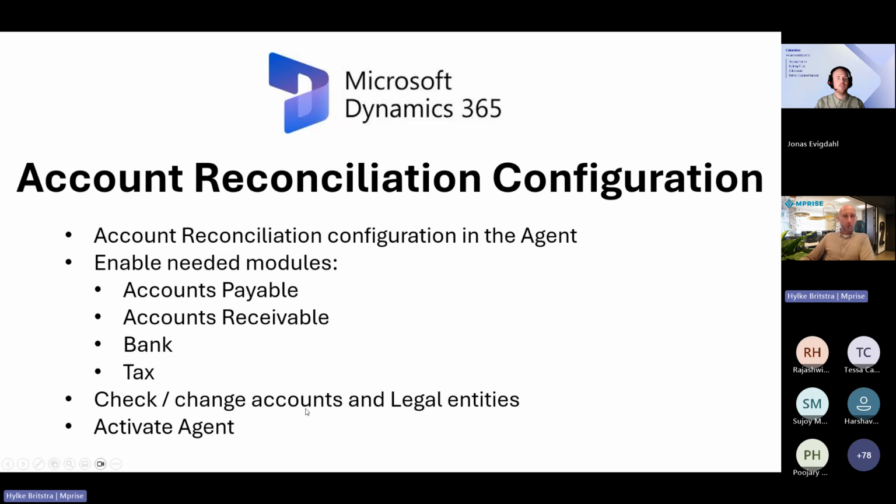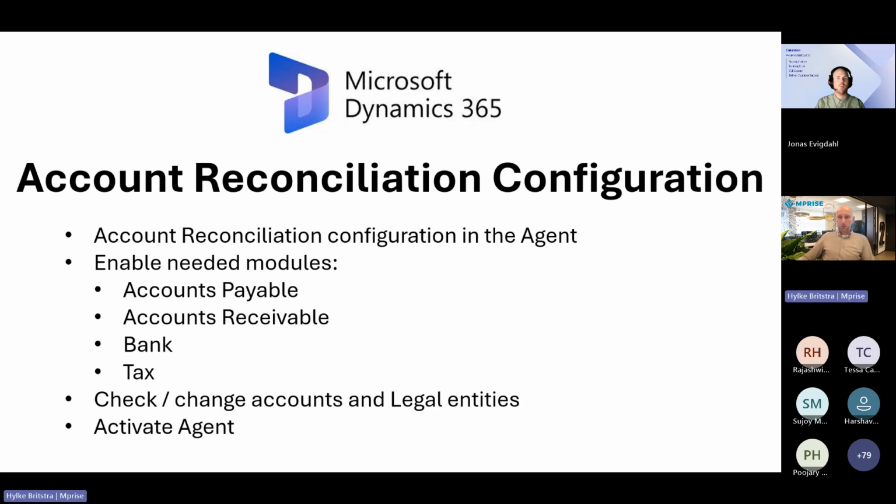What main accounts do I want to check from these modules in relation to the legal entities where you want to use it? And when that configuration is done, the first time, you need to activate the agent. So in my case, it is already activated. But when you start using the agent, you need to do this setup, and then you activate, and then the agent will start.